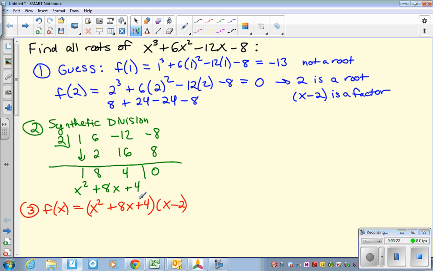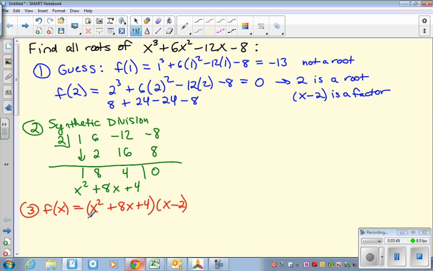Now, the next thing you would do is try to factor this. So we need to find two numbers that multiply to 4 and add to 8. And so 4 and 1 don't add up to 8. 2 and 2 don't add up to 8. So I know we didn't do one like this in class, but if we can't factor this, the only way that we can solve this is using the quadratic formula, actually.